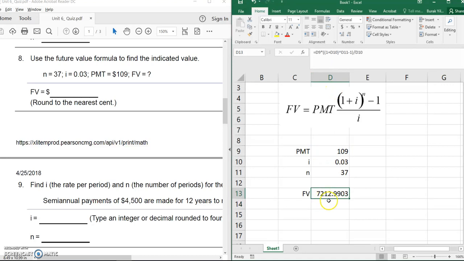So the answer, rounded to the nearest cent, in dollars, is 7,212.99. So that's your answer.